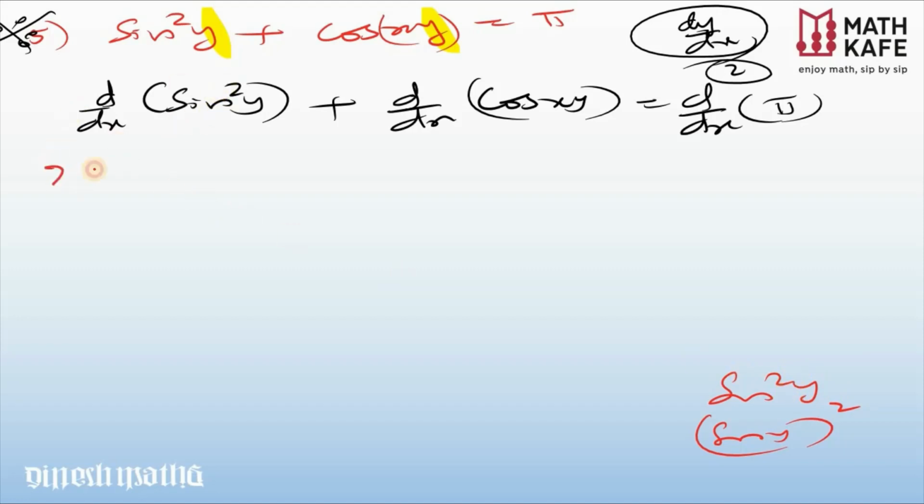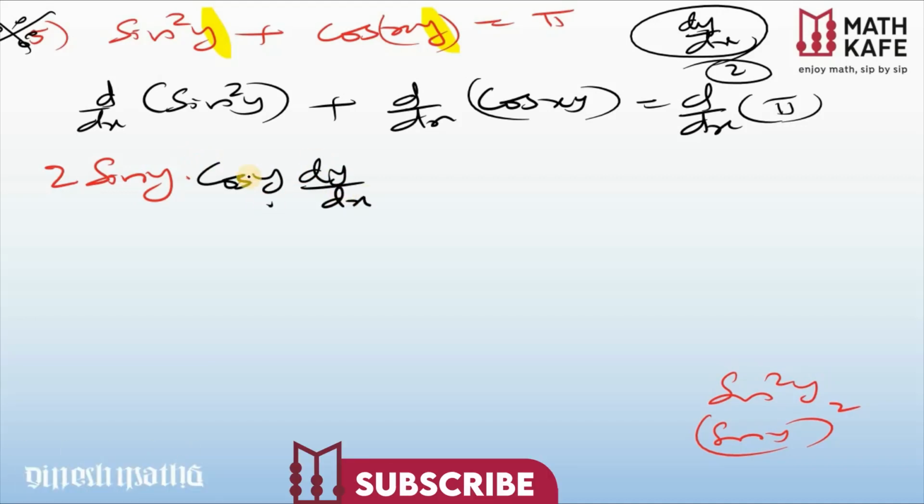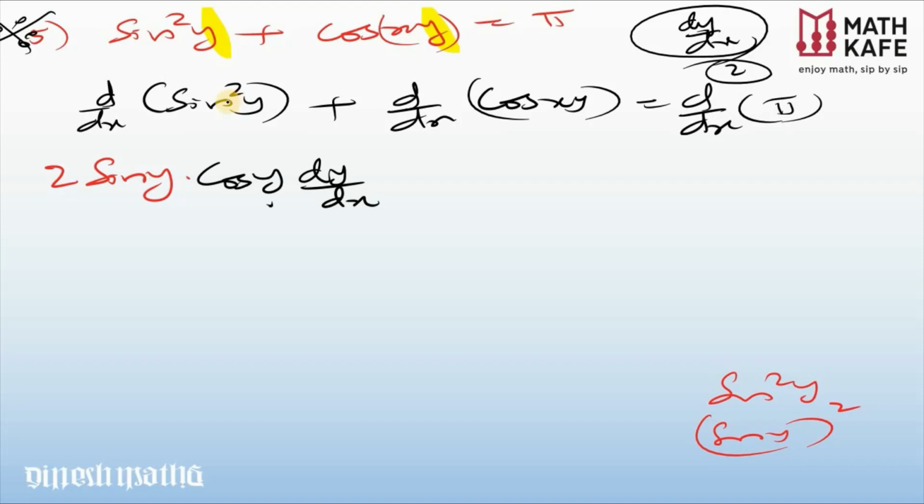This will become 2 sin y into, again chain rule, derivative of sin y, that becomes cos y, and again it is a y, so into dy by dx. And now derivative of cos, negative sin xy.